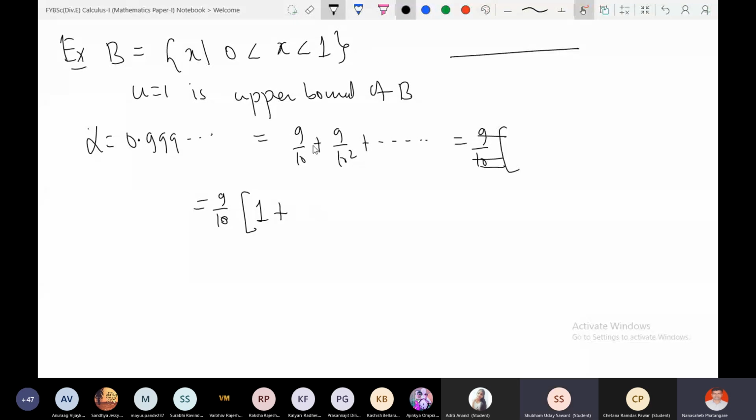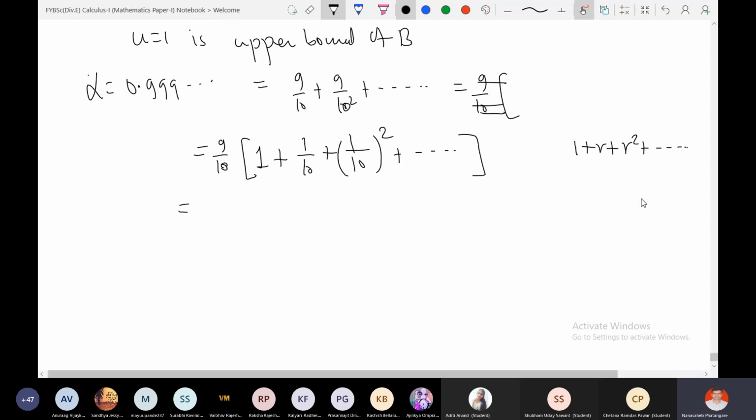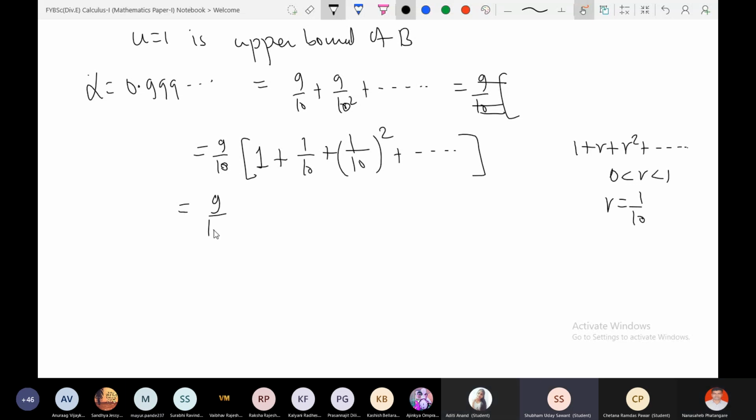I am taking 9 by 10 common, and writing in decimal, 1 by 10, then 1 by 10 square, and so on. So this is a geometric series 1 plus r plus r square and so on. What is the sum of a geometric series? Here r is less than 1. What is r in this case? The sum is 1 upon 1 minus r. Right.